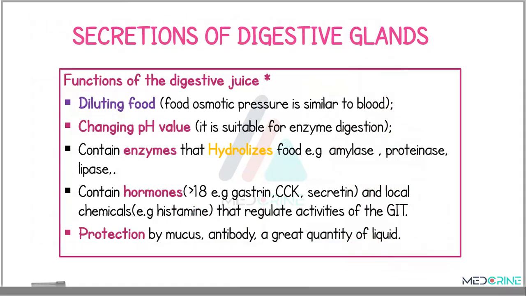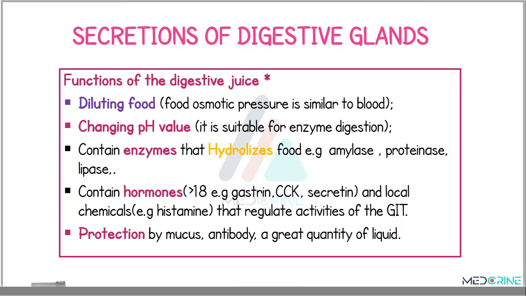The digestive juices dilute food, that is, enhance the food osmotic pressure, similar to that of blood. They are responsible for changing the pH value for optimum enzymatic digestion. They also contain enzymes that hydrolyze food or break down food, for example, amylase enzyme, proteinase, lipase enzymes.